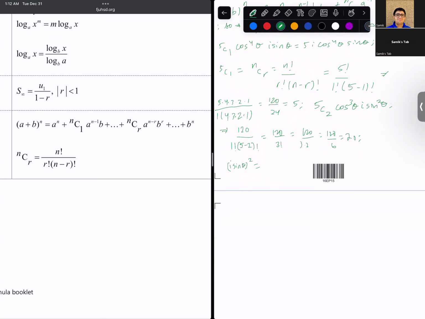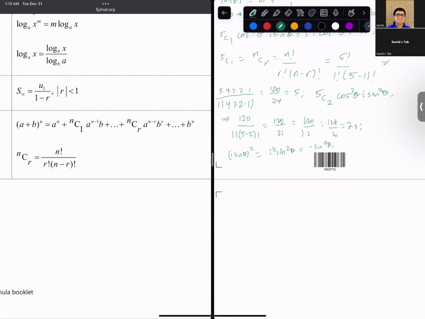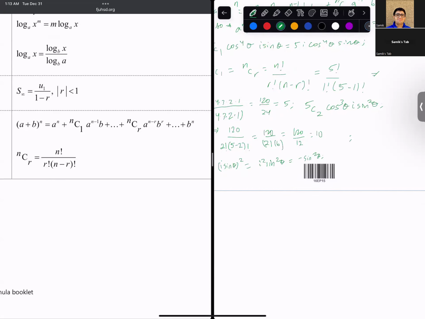So in order to be careful, we just evaluate i squared sine squared theta, right? We know that i squared equals -1, so it will just be minus sine squared theta. Oh wait, I think there's a small error over here. This should be 2 factorial. So 2 times 3 times 2 is 6, so 120 divided by 12. It would be 10.